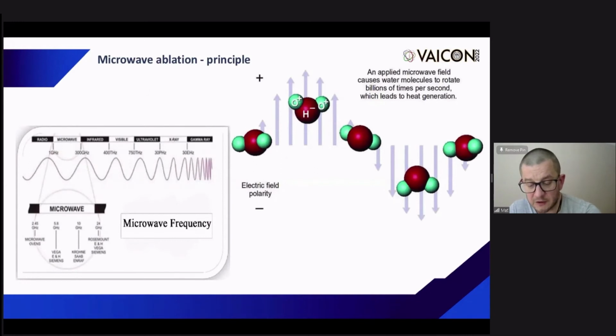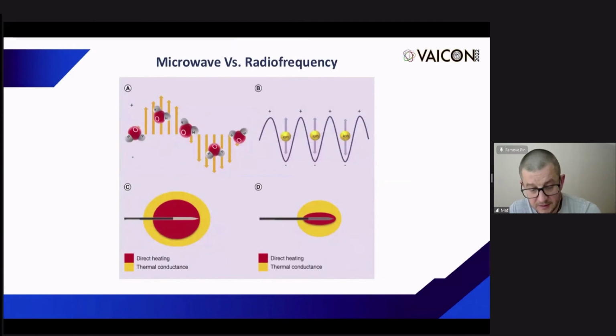The microwave part of the electromagnetic frequency spectrum stretches between 1 and 300 gigahertz. A microwave field, when applied to tissues, causes water molecules to rotate very fast, and friction produces heat. In theory, microwave technology should have a bigger and more homogeneous volume of ablation and should be less dependent on thermal conductance of the tissue around the active probe tip.